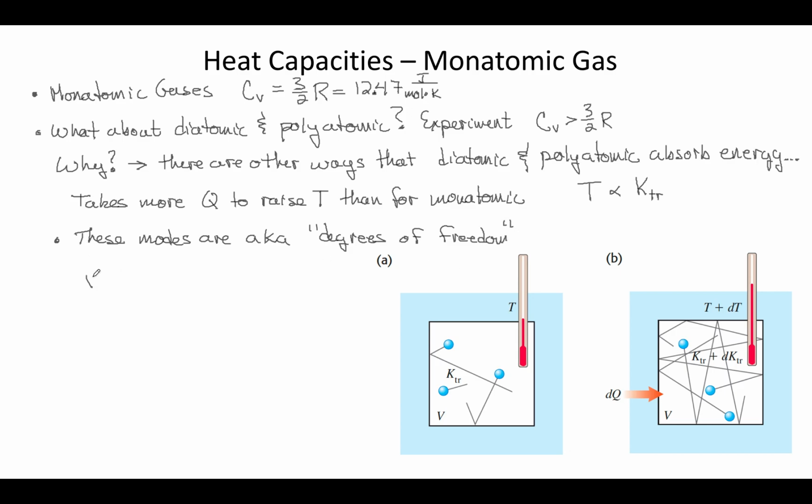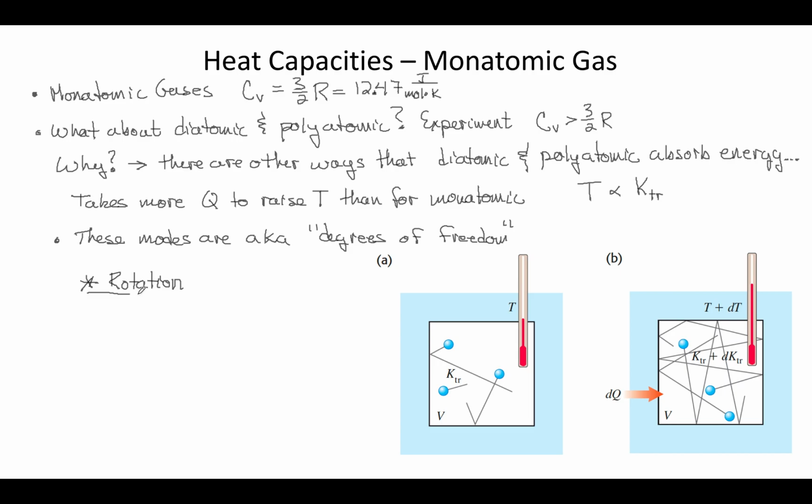For molecules that are more complex, that have more atoms than a single atom, your noble gases are all monatomic gases. You have rotation, because the rotation of a point particle doesn't count. You can't rotate an atom.